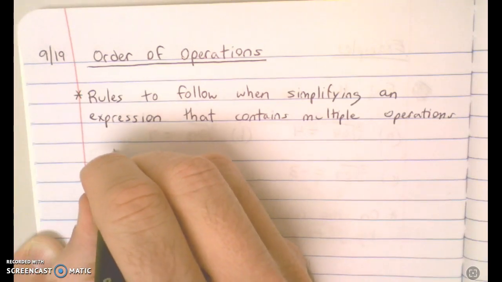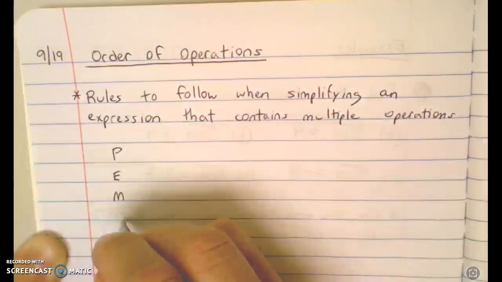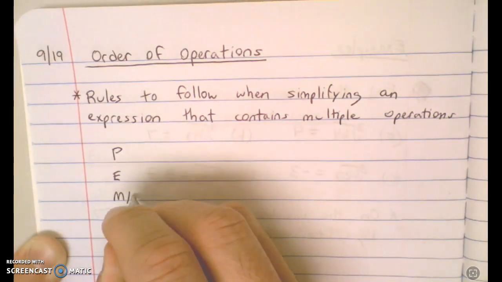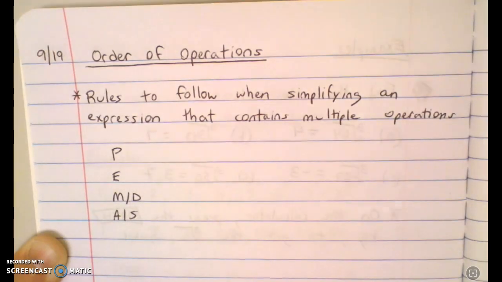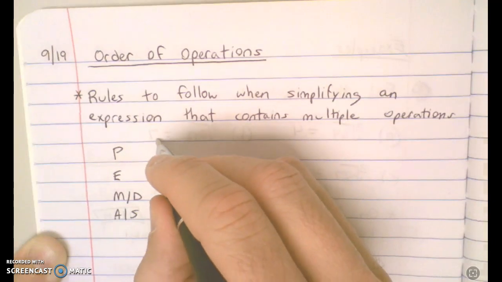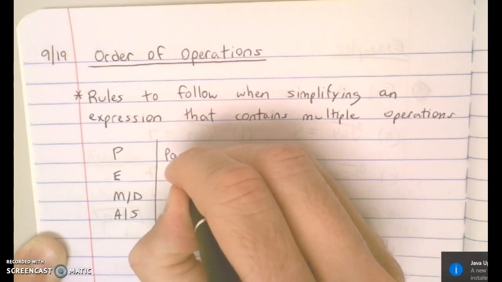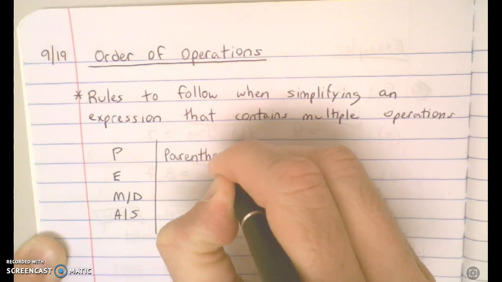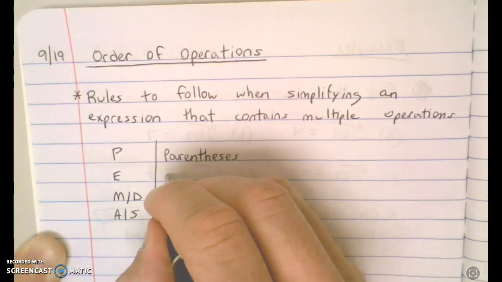So there's this nice little acronym that you've probably seen before in your other classes before this class. It's called PEMDAS. The P stands for parentheses. E stands for exponents.